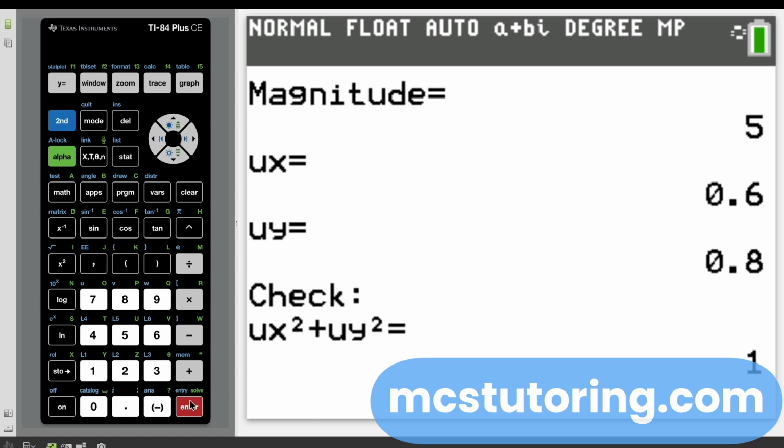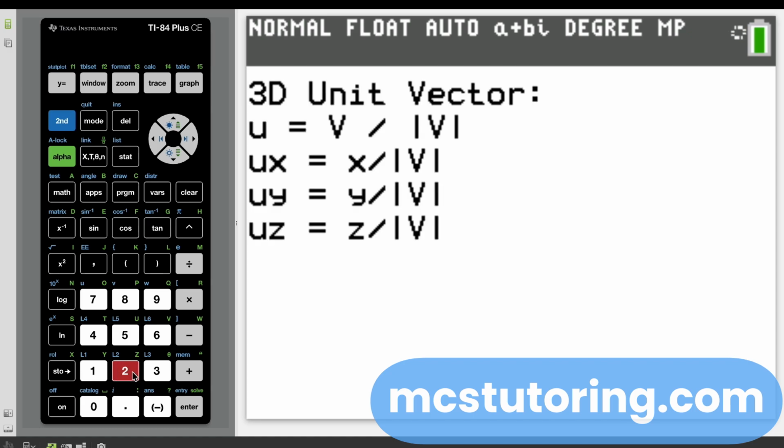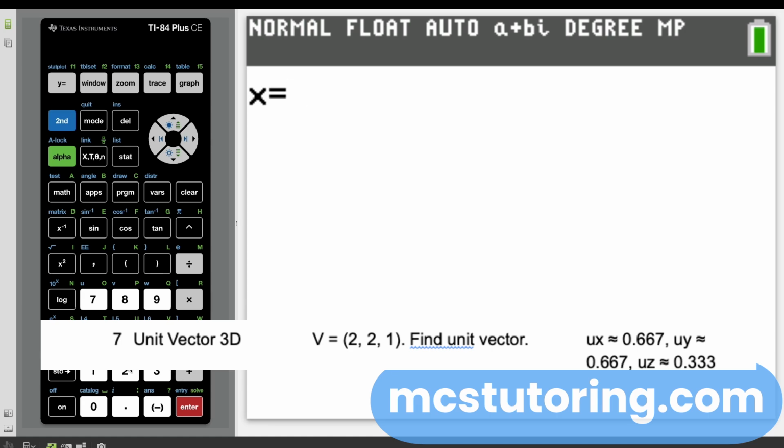Okay, let's also try a 3D example. So we're going to choose option 2 for 3D unit vector. And then again, it gives us the formulas. So we will find the unit vector v equals 2, 2, 1. So from there, sorry, I got a little ahead of myself. The x equals 2, the y equals 2, and z equals 1.